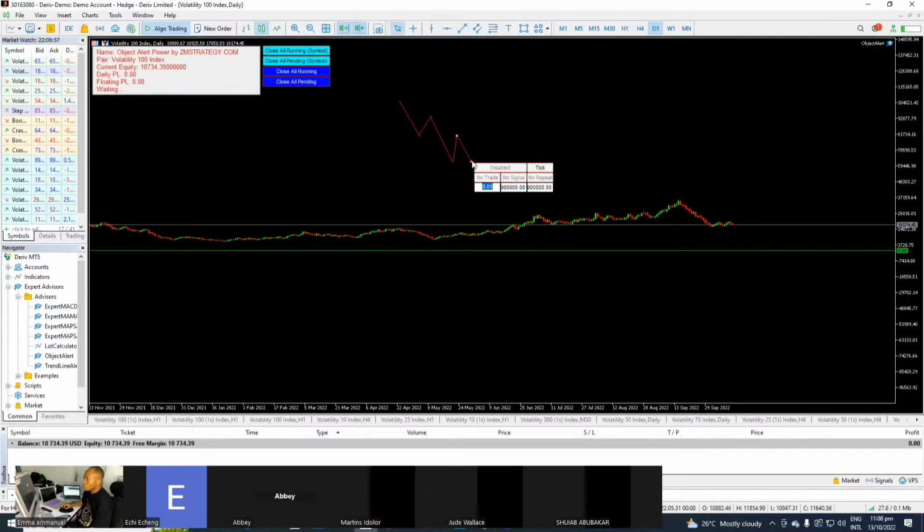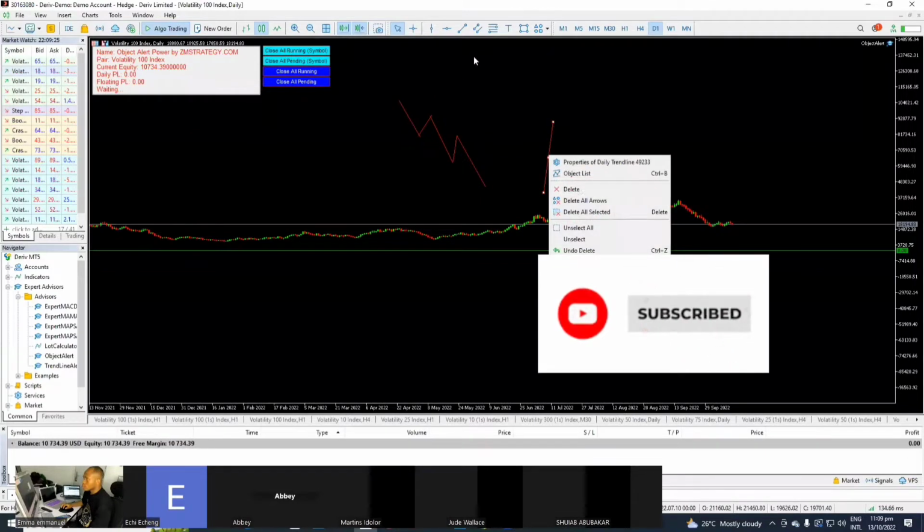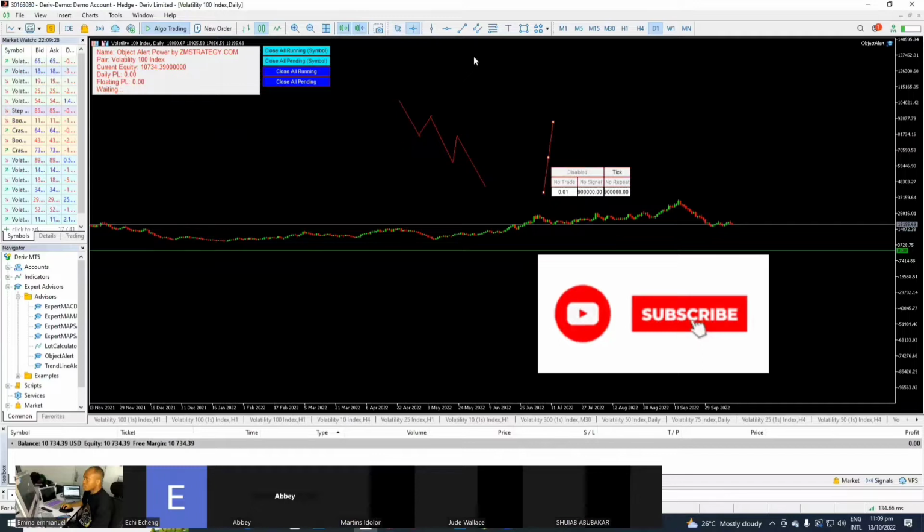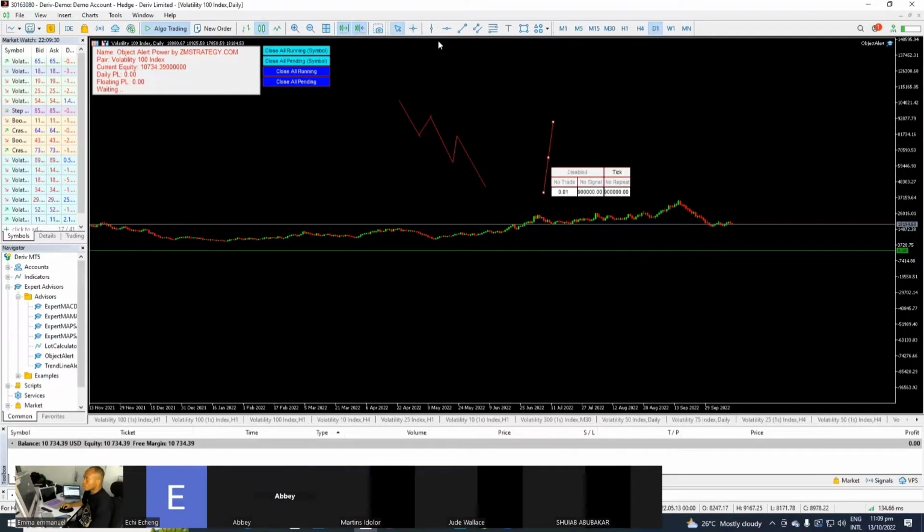Now, this is what I mean by market structure, whereby the market is creating a lower low, lower high, lower low, lower high. And it also applies whereby the market is in a bullish movement, creating higher highs.